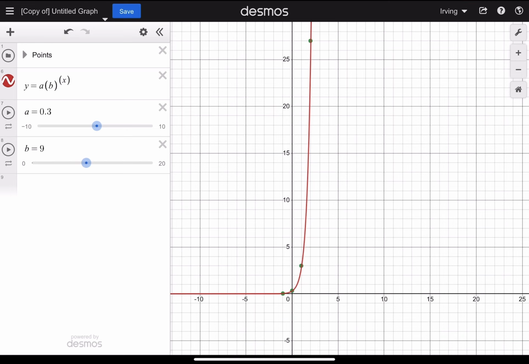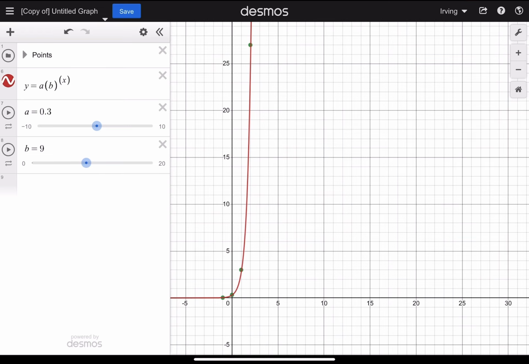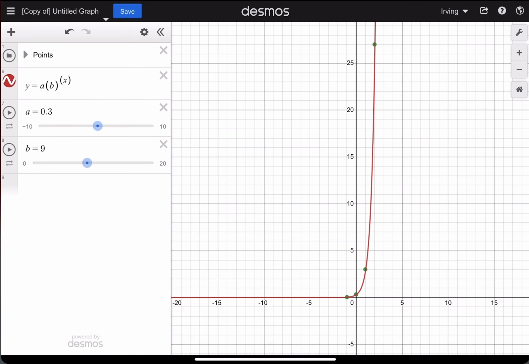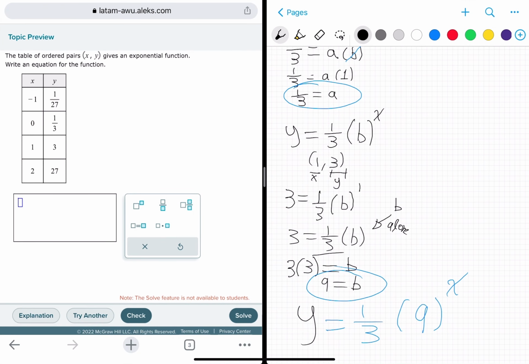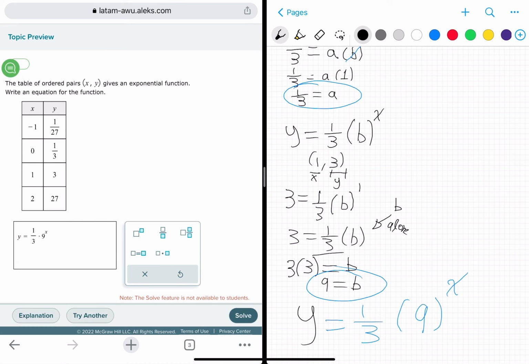By doing this mathematically, we can find the exact values that make this red function match perfectly with the points. And that is the answer to this exercise: y equals 1/3 times 9 to the x.